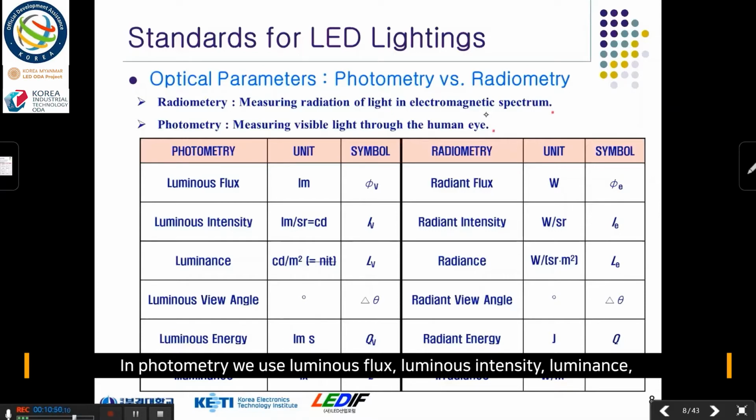In photometry, we use luminous flux, luminous intensity, luminance, luminous view angle, luminous energy, and illuminance. To the contrary, in radiometry, we use radiant flux, radiant intensity, radiance, radiant view angle, radiant energy, and irradiance. As you know, radiant flux uses watt, but luminous flux uses lumen. Radiant intensity uses watt per steradian, and luminous intensity uses lumen per steradian, that is candela.